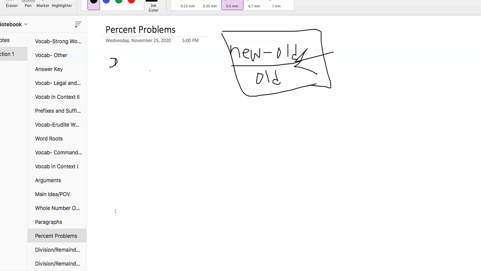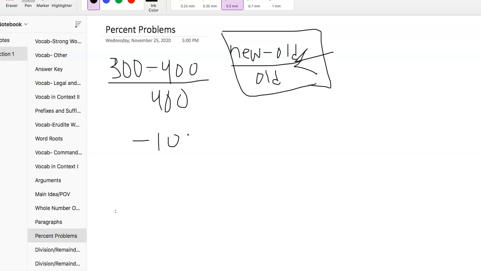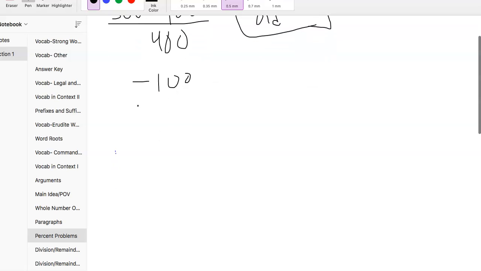So the new price is $300, minus old price, 400, divided by old price, 400. If we do that, 300 minus 400 is negative 100 divided by 400.